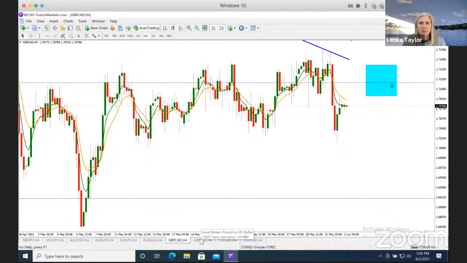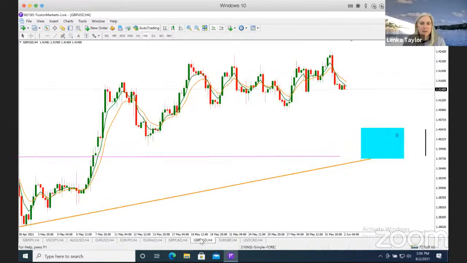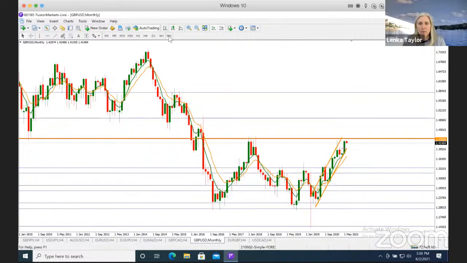The next currency pair I'm going to have a look at is GBP/USD. GBP/USD, I'm looking for a long, being mindful that we're quite close to that horizontal level.